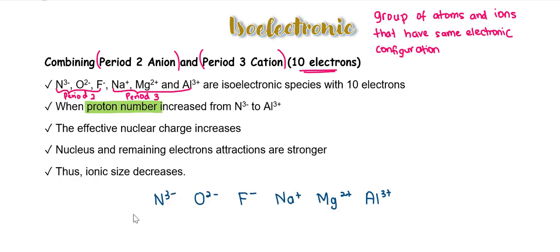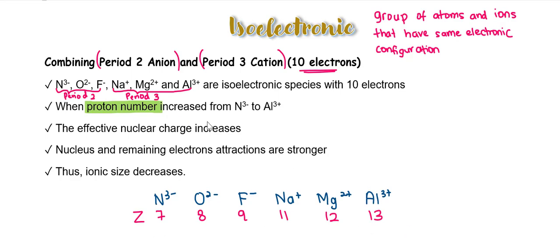As you can see here, the proton number for nitrogen is 7, oxygen 8, fluorine 9, sodium 11, magnesium 12, aluminium 13. This is the proton number for these ions. So we can see that from N3 minus to Al3 plus, the proton number increases.